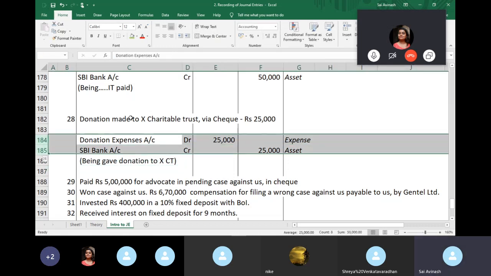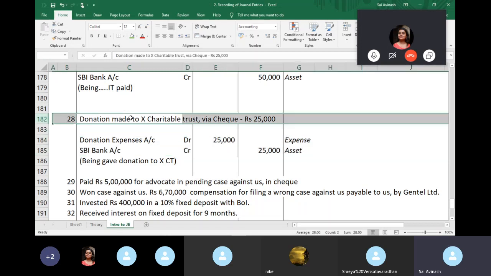But as far as the journal entry is concerned, I want to instruct my accountant what to do. I want to say which accounts are involved and what happened. I know my bank balance reduced, so I'm crediting the bank account. I know I incurred an expense, so I'm debiting the expense account.